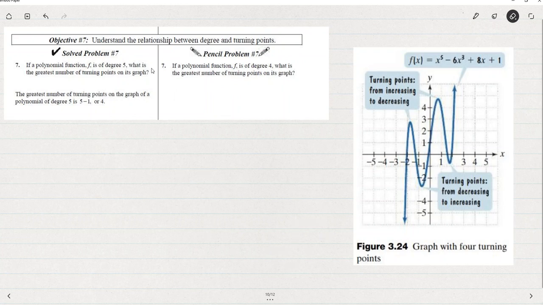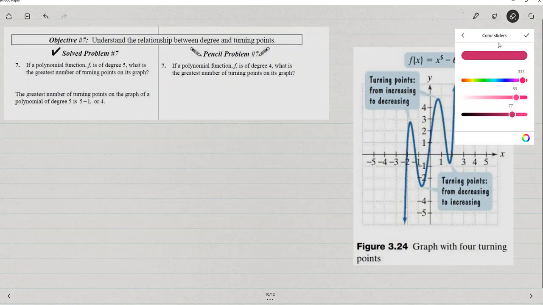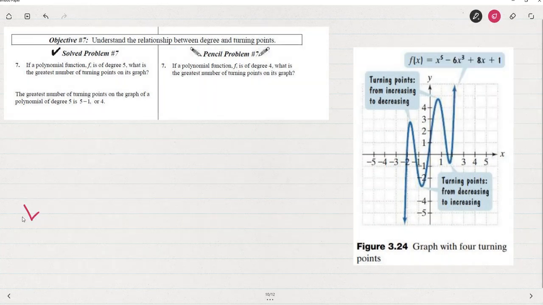Here's what we have. We've got this idea about turning points. It means how often does a polynomial turn and go the other direction? When we first started the section, we were talking about gas prices. If it were gas prices, we wouldn't have an arrow, we'd have a point, because it didn't keep going down infinitely, right?